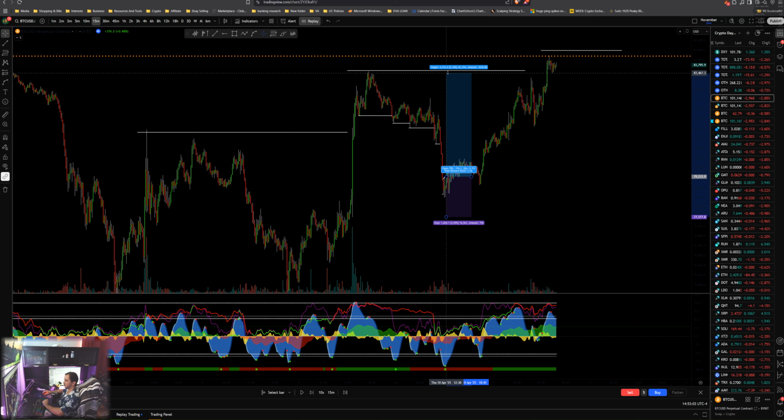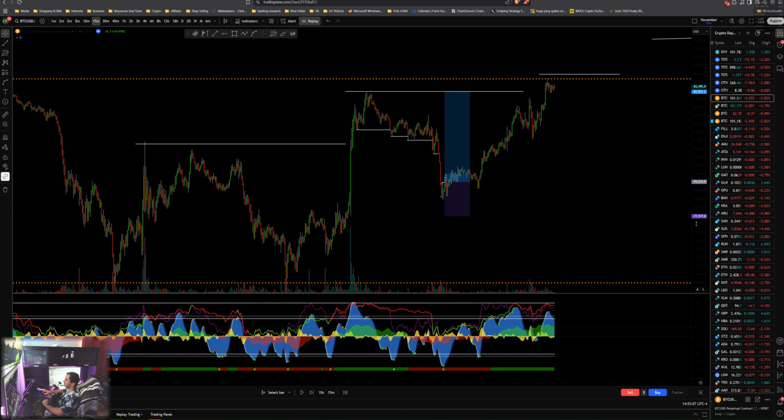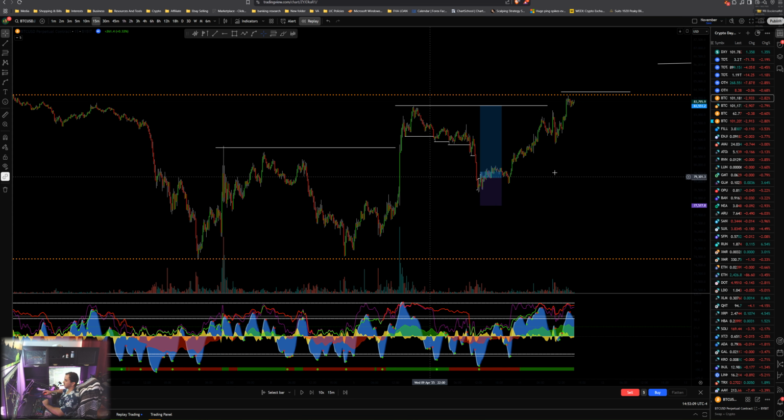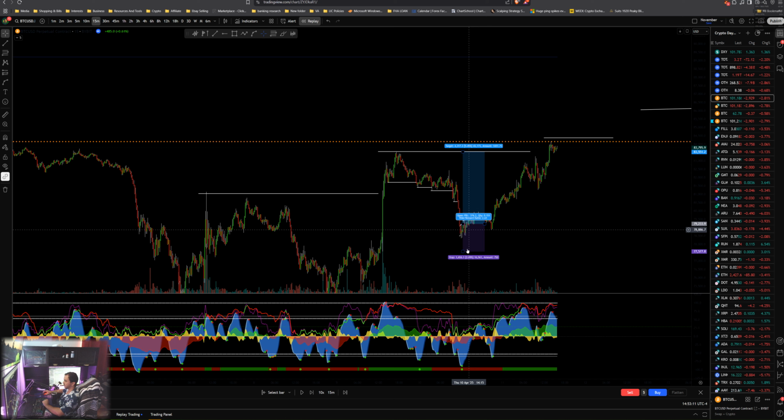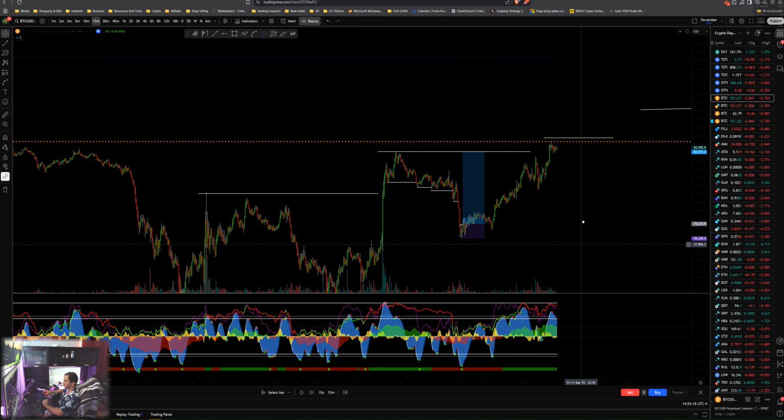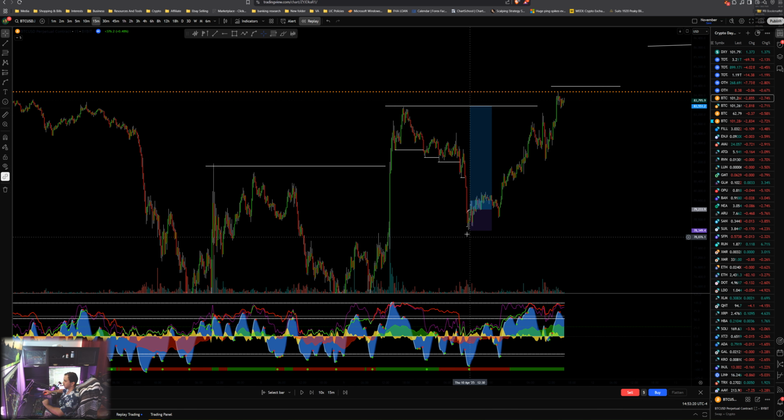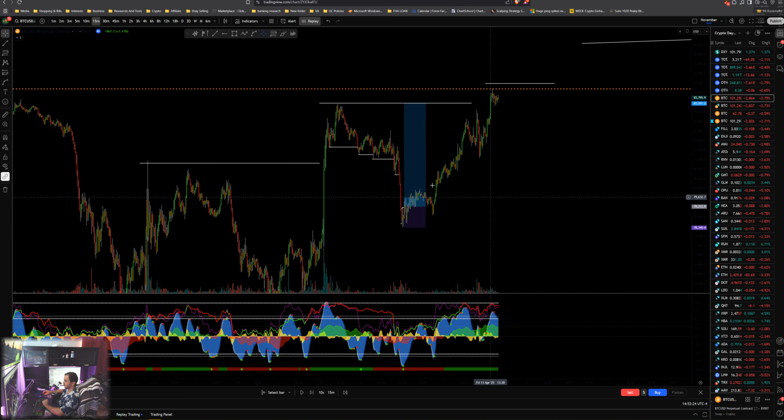And even if you were to target right here, that's a 2.5 to 1. That's not bad, especially to hold this out for a swing position. But you could have played it like that for almost a 5 to 1. That would have been very good too, and it actually worked out just great.